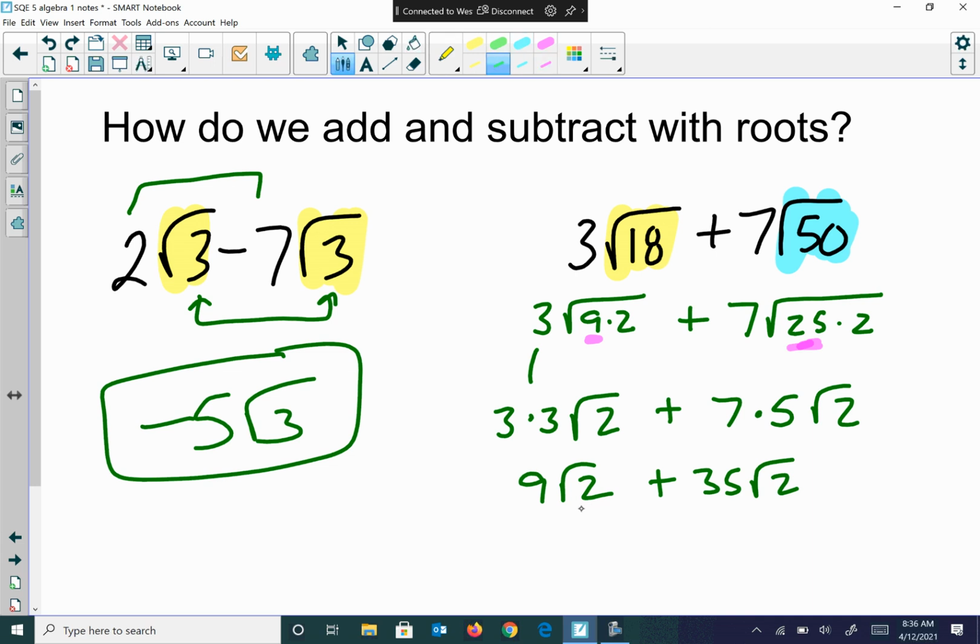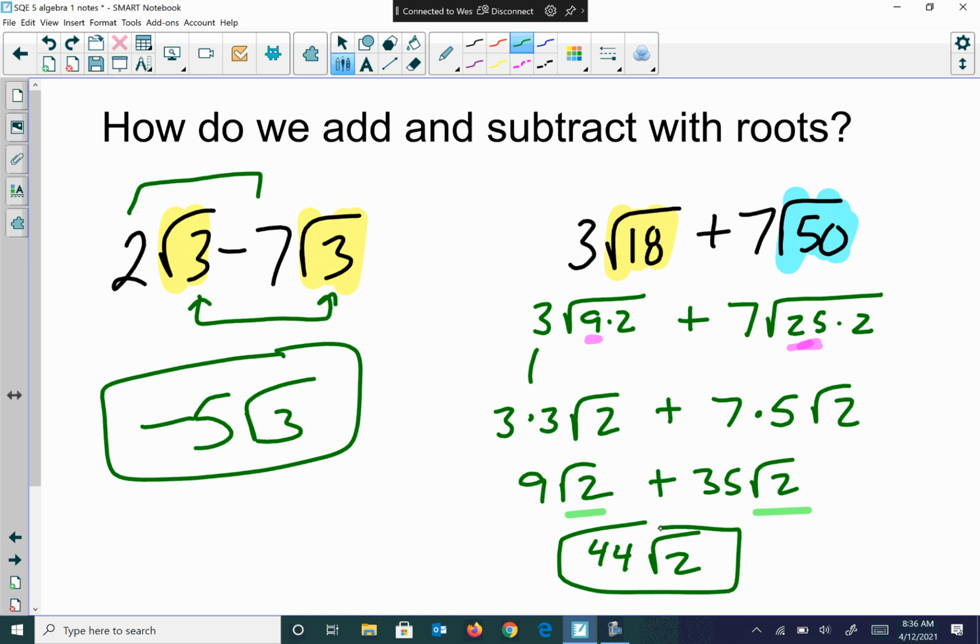Are my radicals the same now? Yeah, so I can go ahead and combine them. So it's still going to have root 2 as is. And I'm going to go 9 add to 35. I think it's 44. So I get 44 root 2. And it's done.